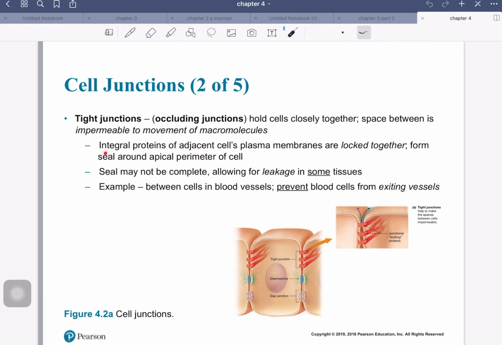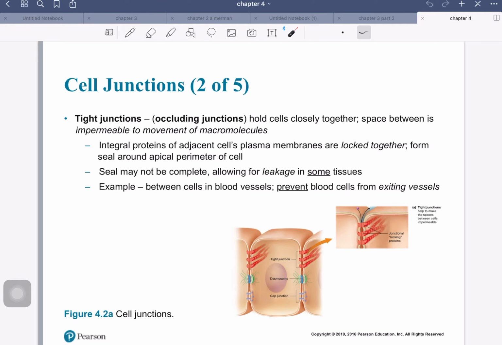The integral proteins of adjacent cell membranes are locked together to form a seal around the apical perimeter of the cell. Apical is the top bit, and basal would be down at the base. Now, the seal may not be complete, allowing for leakage in some tissues, but in many tissues, it's a very efficient way to prevent things from sneaking between the cells.